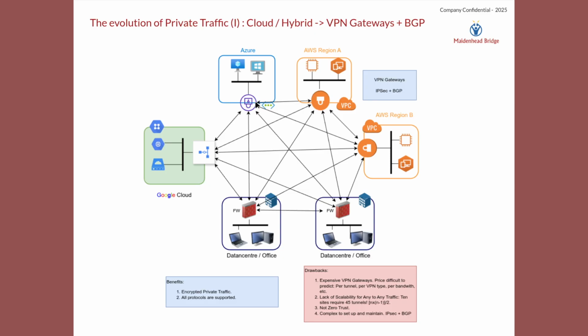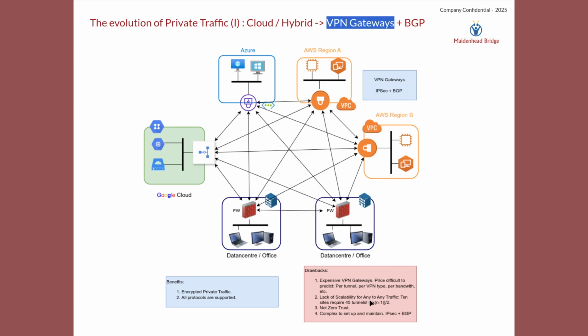And to achieve a full mesh network with the current technology that the cloud provides, the most common approach is to use VPN gateways and use the internet as transport. But suppose that you have, I don't know, 10 sites to connect. The problem is you will need to create tunnels between each other.